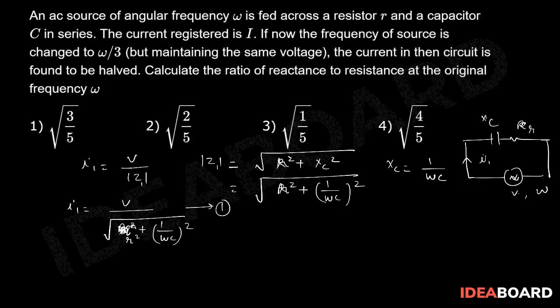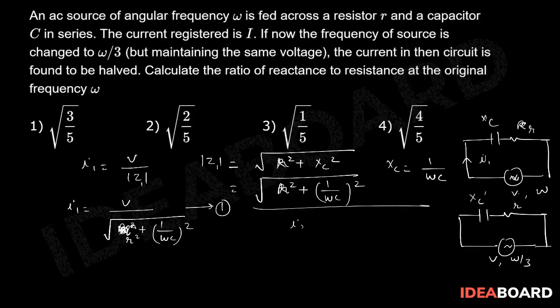Now coming to the second case, they have kept the resistance the same. Xc will become Xc dash, because this time they are operating on the same voltage, but omega is changed to omega by 3. So I2 is equal to V upon mod of Z2.